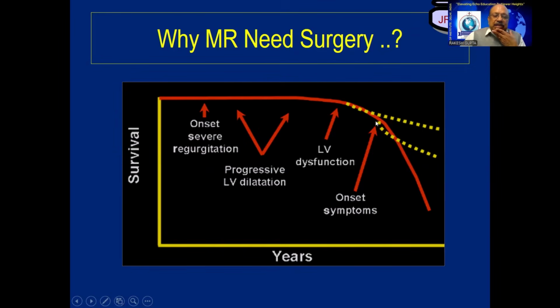The first important thing is LV dilatation. It means that if a patient has a severe mitral regurgitation and the LV starts dilating, something wrong has happened. And the prognosis becomes further bad when the dysfunction starts happening.